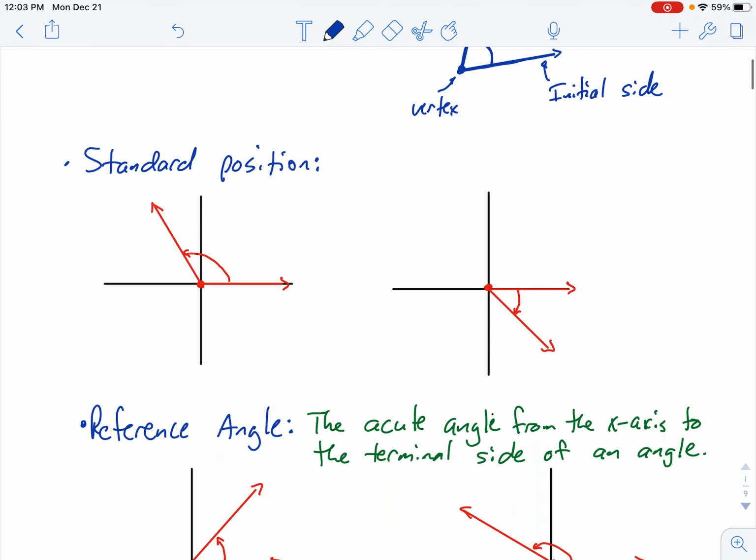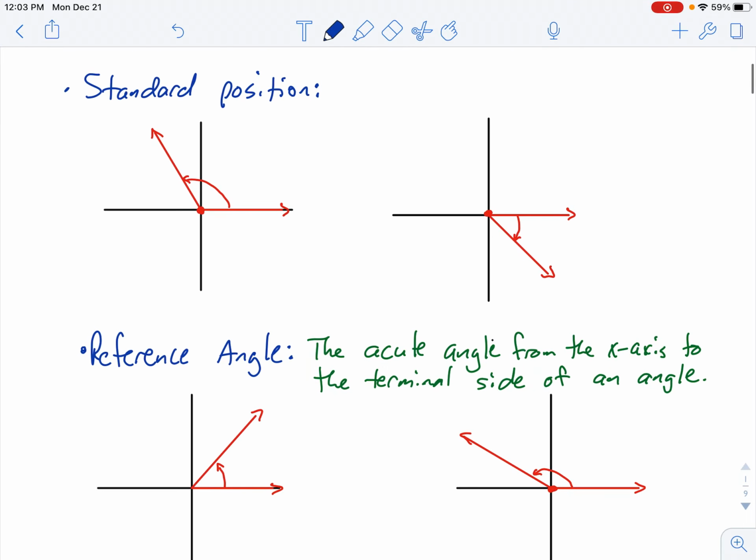Now, when drawing an angle on the XY axis, the coordinate plane, we draw angles a very specific way. We don't just plot them down anywhere on the XY axis. In standard position, the vertex of the angle will always be at the origin, and the initial side will always be the positive x-axis.